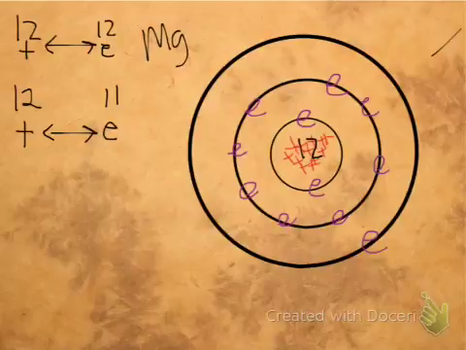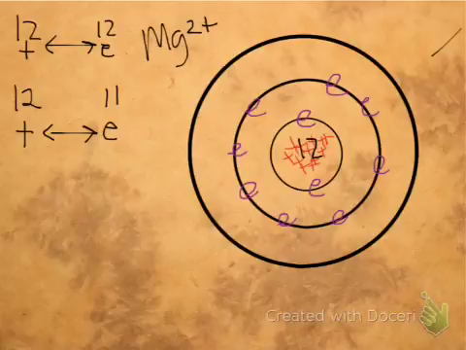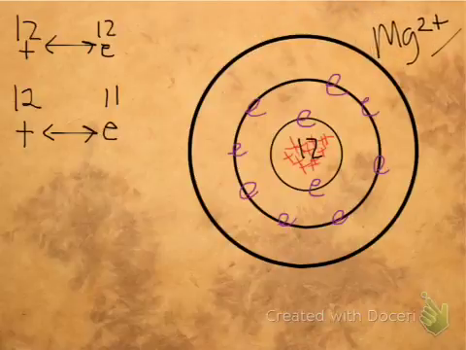Now, if we remove this second electron there, we now have a magnesium 2+. So magnesium 2+, this is what magnesium wants. This is how magnesium is most stable.